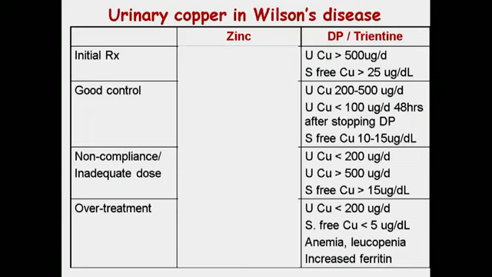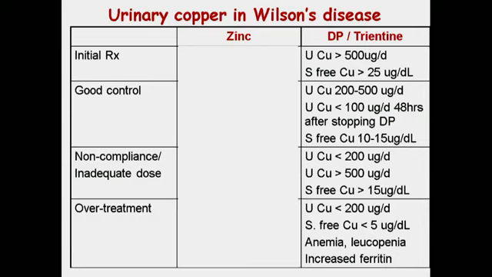So don't expect it to drop below 100. In fact, if it has gone below 100, there is a problem: either your dosage is inadequate or the patient has copper deficiency. So your levels will have to be between 200 and 500. The best way to find out whether your patient is effectively decoppered or not is, while he is on penicillamine, stop the penicillamine for 48 to 72 hours, then measure the urinary copper.